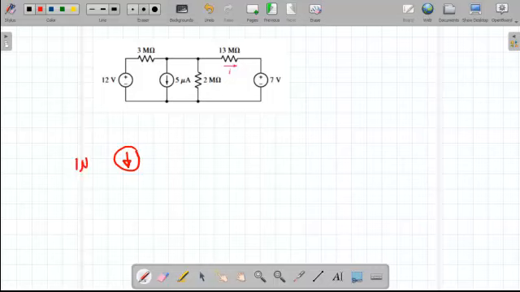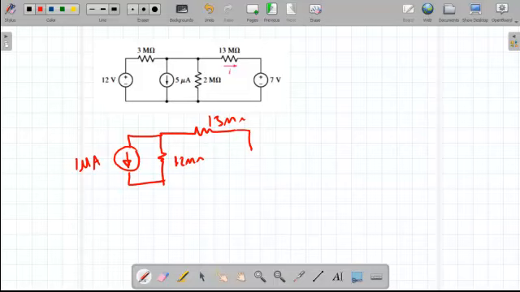So 1 microamp in parallel with, because 3 mega ohm and 2 mega ohm become one parallel resistor equal 1.2 mega ohm. Then here we will have the 13 mega ohm and the 7 volt. Then here we convert this to a voltage source and a resistor.